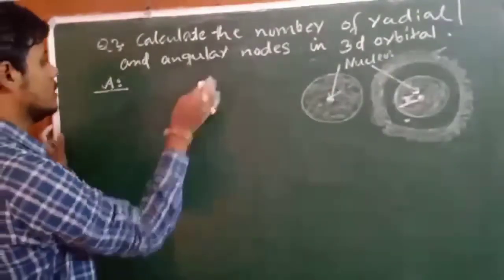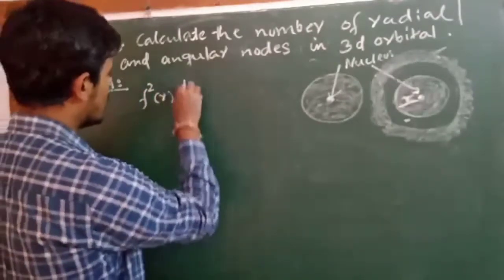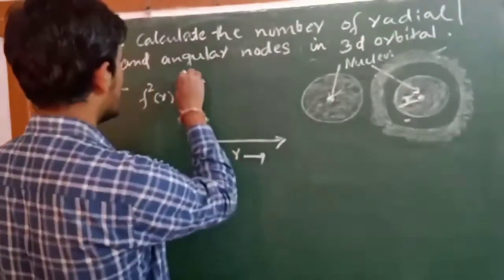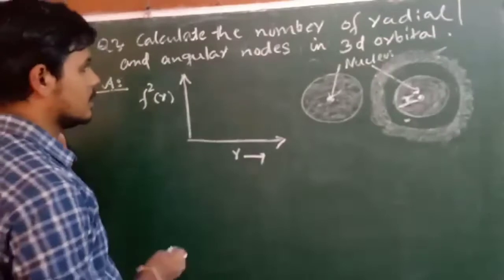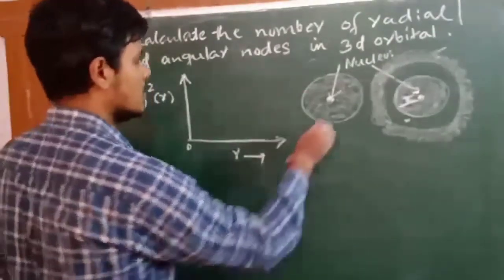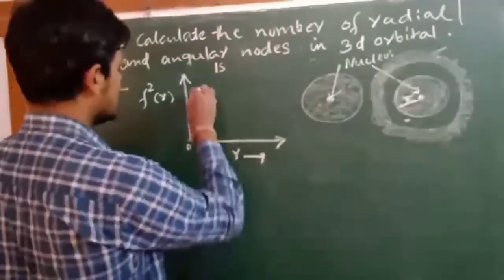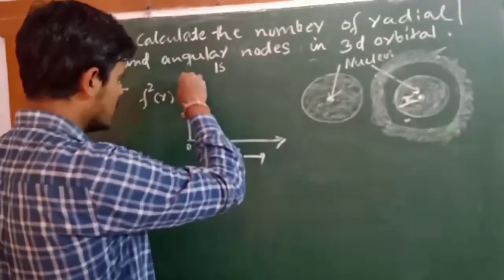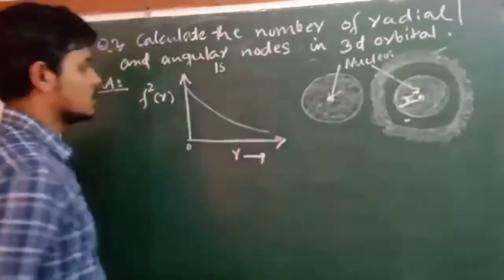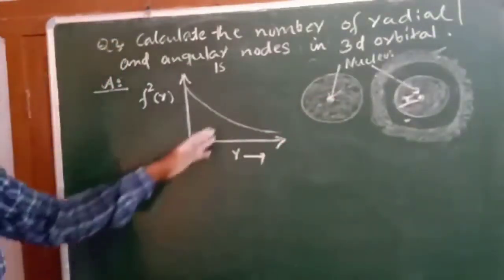Now, if I plot a graph between f square r and r, where r is the distance from the nucleus, for the 1s orbital, the electron density is highest near the nucleus, and it decreases in this way, so that I will never get a point where I can say that the electron density is 0.